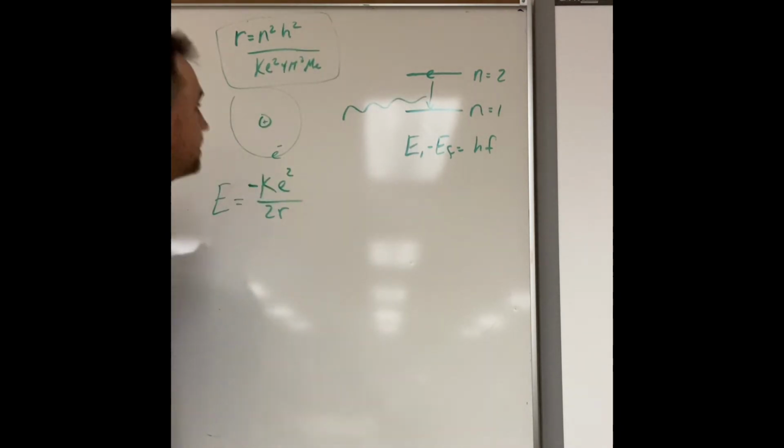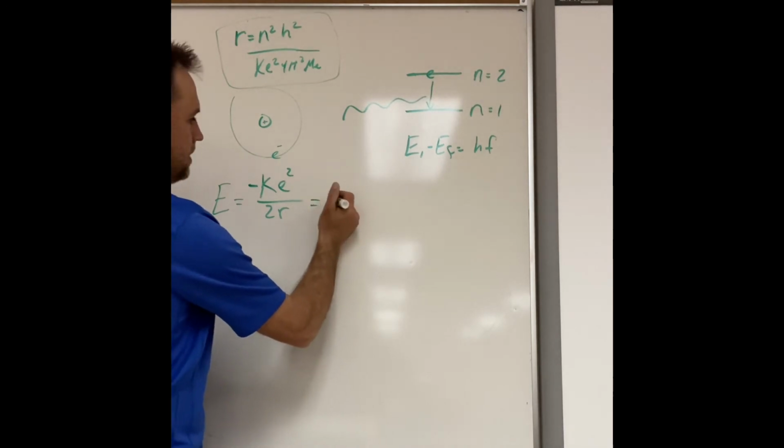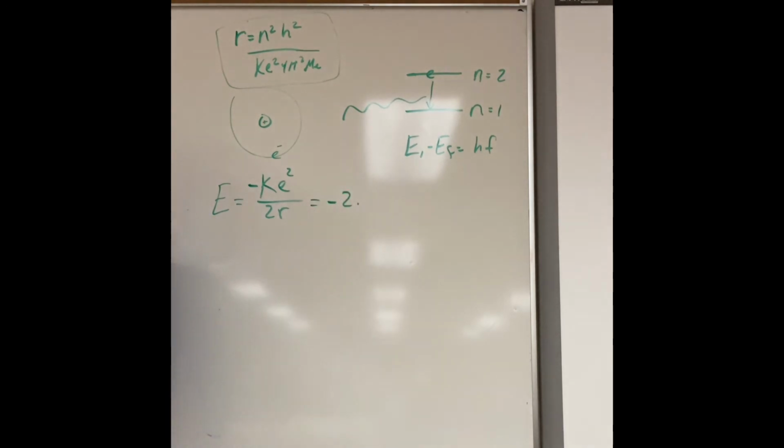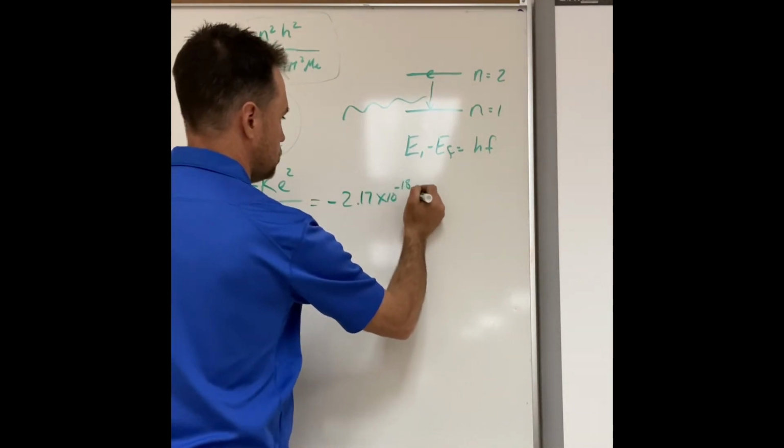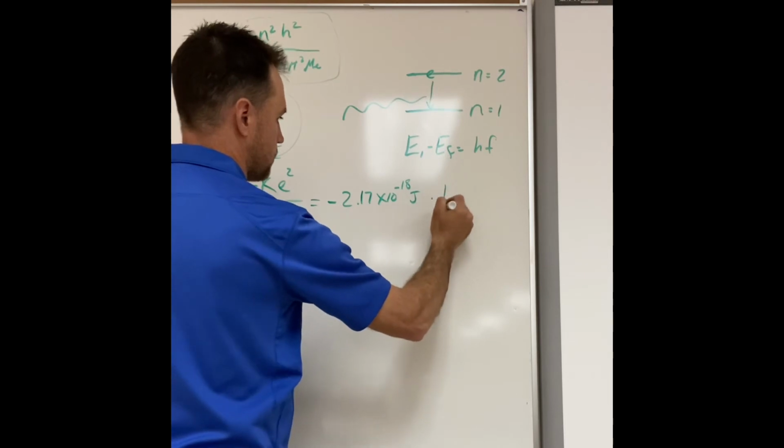So everything's a constant in that except for n, and n is squared. So he thought, I want to write the energy in terms of n. So the energy in terms of n is negative 2.17 times 10 to the negative 18th joules times 1 over n squared.